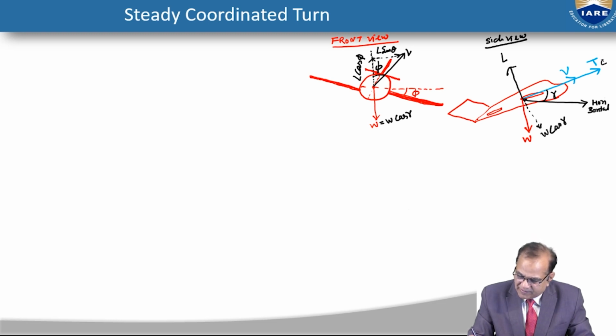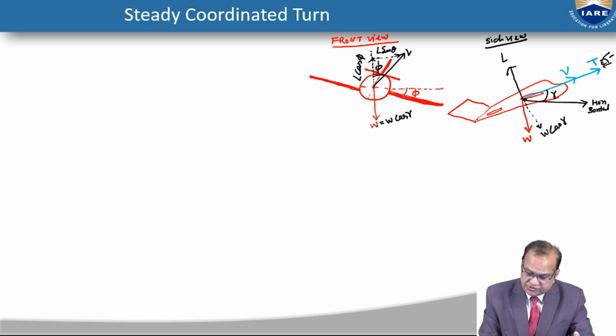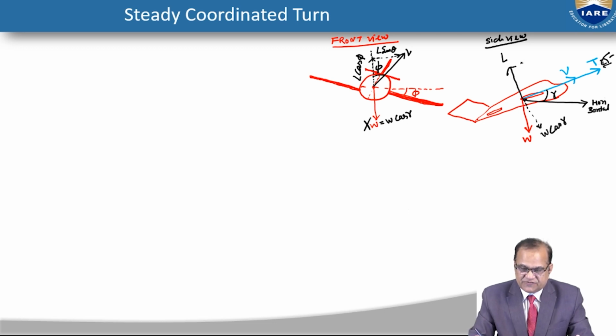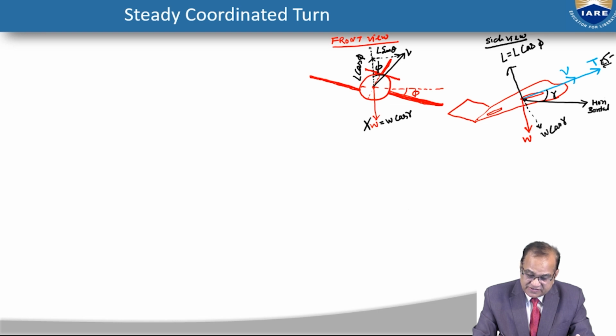If you put a camera here and take the projection, this will not be W, this will be W cos gamma. This lift will not be L, this will be equal to L cos phi, because the projection of this will be L cos phi. So you will get L cos phi opposite to this. It is very important to understand these forces.